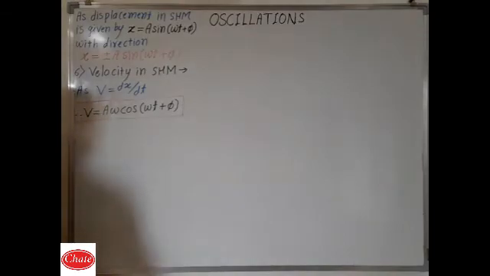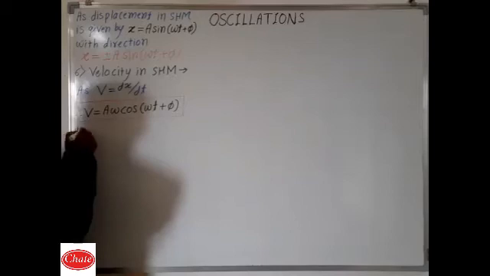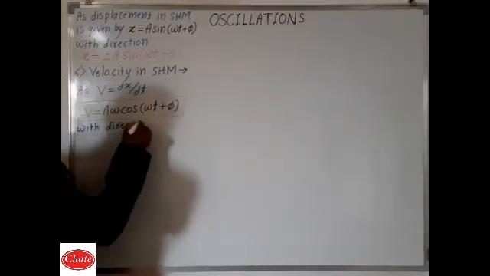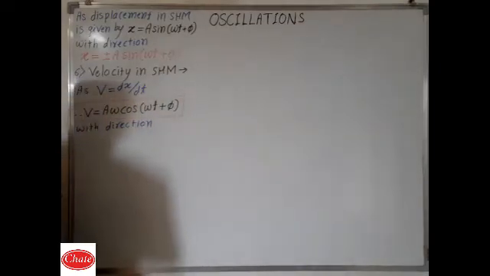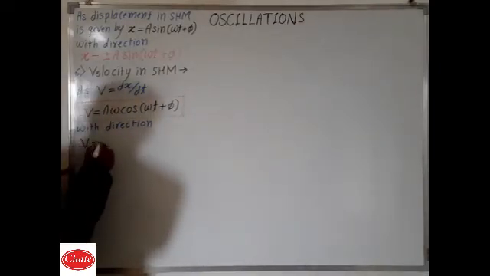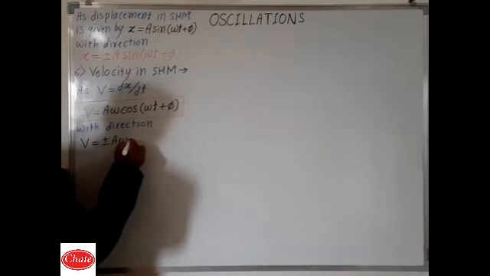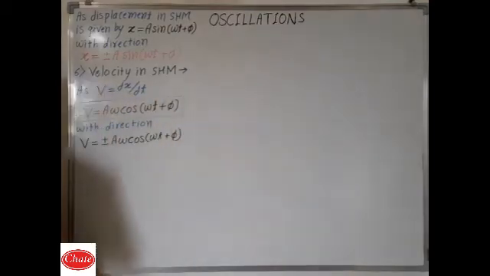Done. Next, with direction you can write v is equal to plus or minus a omega cos omega t plus phi with direction.